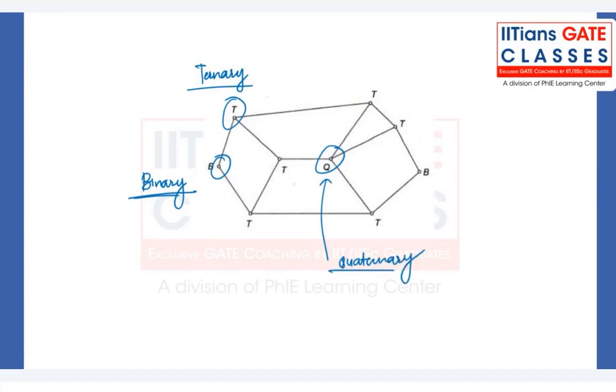One ternary joint is equivalent to 2 binary joints, and one quaternary joint is equivalent to 3 binary joints. This is the relationship we should know, because whenever we are supposed to calculate the degrees of freedom, we should understand the equivalence between the binary, tertiary and quaternary joints. So now we understood the links and pairs, and we made the joints.